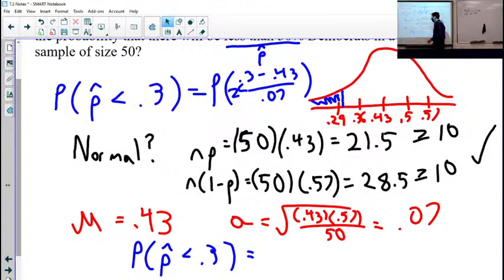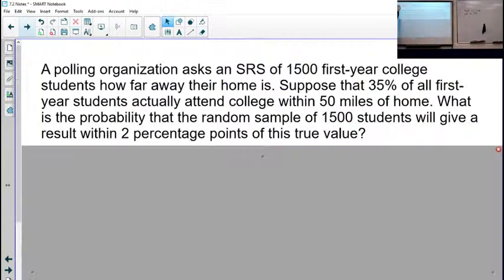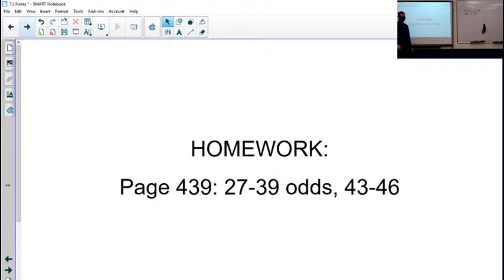while I'm about to get that value out, have a homework assignment while I wait for people to type in their calculators.